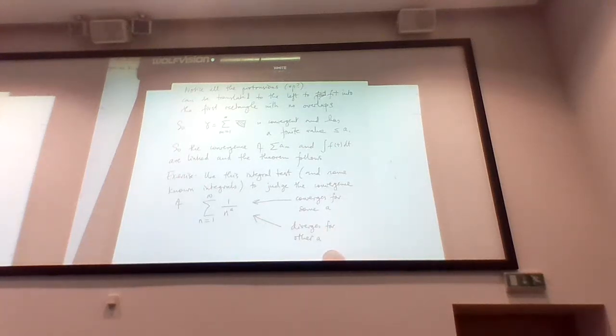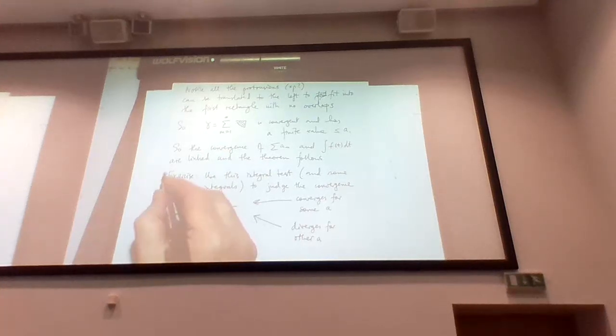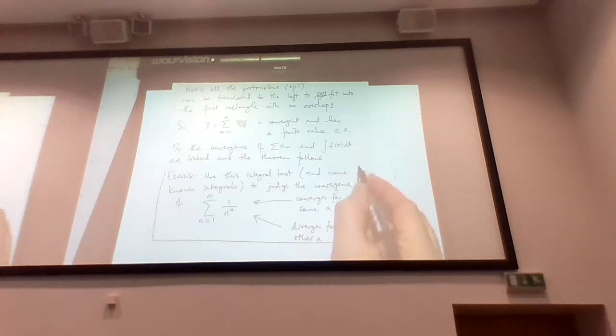That's the kind of conclusion you're looking for, but you want a precise description of which a it converges for, which a it diverges for. So you can answer that question by using what you know about integrating functions that look like 1 over t to the power a, and the integral test. Okay, so that's an extra exercise for you to be thinking about in the meantime.